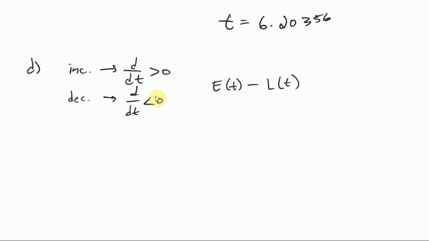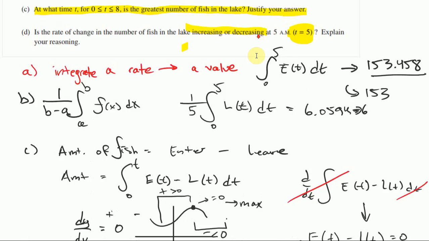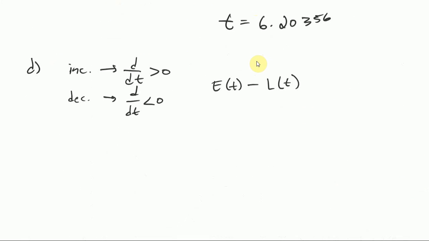Now we're asked whether this is increasing or decreasing, so we have to take the derivative of this at time t equals 5 and see if it's greater than 0 or less than 0. So let's do that.